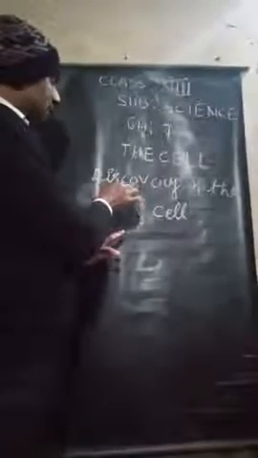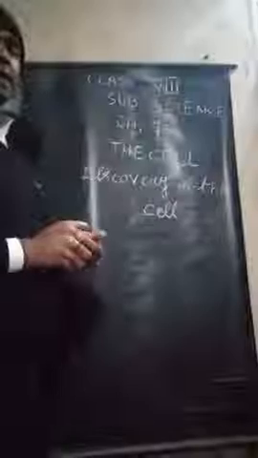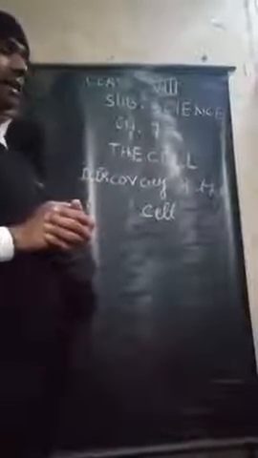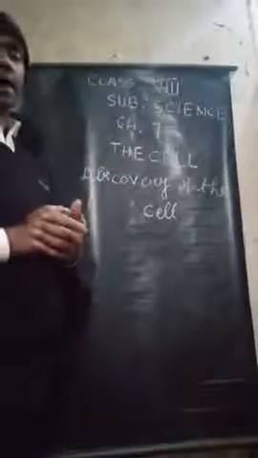Now we are going to discuss the discovery of the cell. In 1665, Robert Hooke, an Englishman, first discovered the cell.